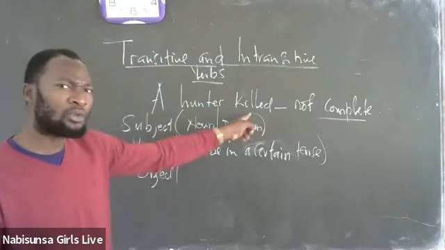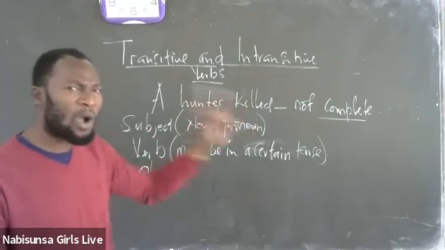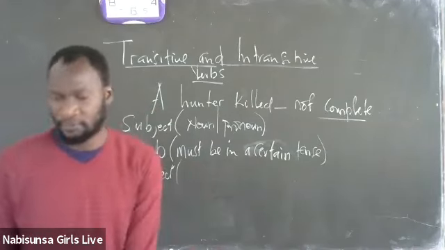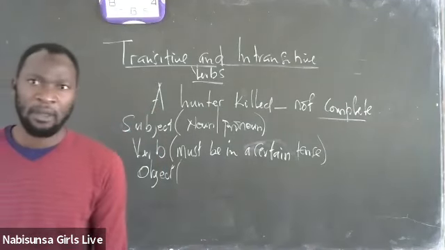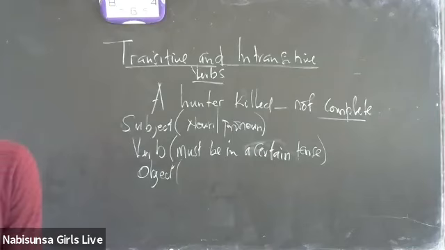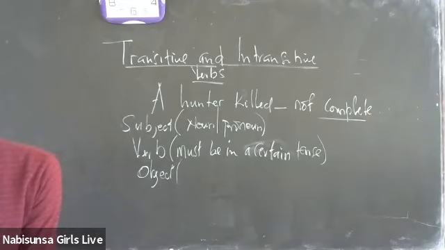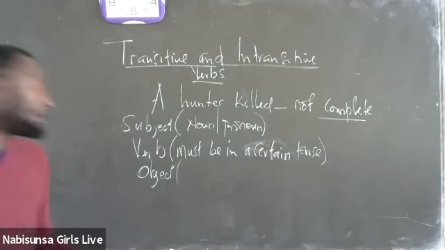The verb killed requires an object to make this sentence complete, because the hunter must have killed something. In other words, the verb killed needs a noun or pronoun apart from its subject to complete its meaning. For example, a hunter killed an antelope.